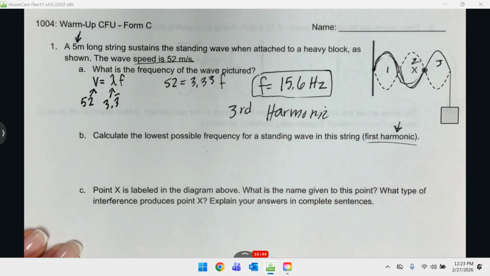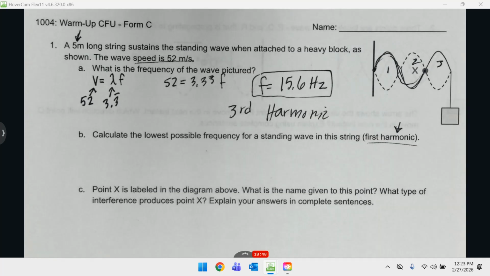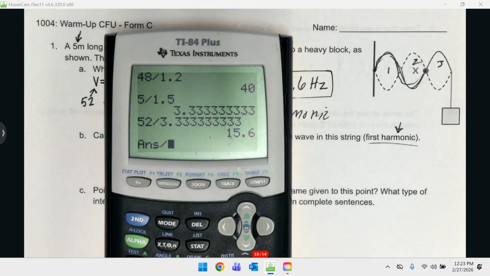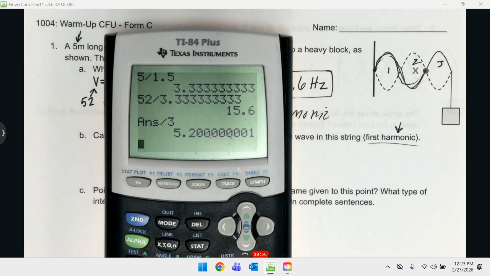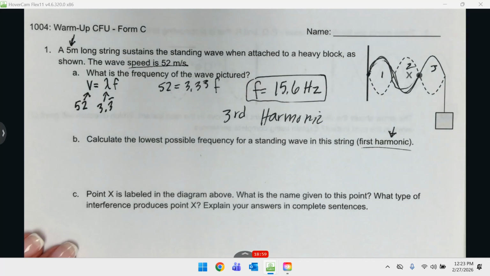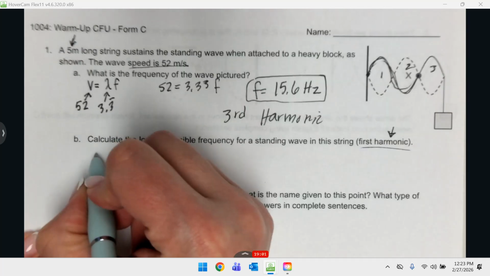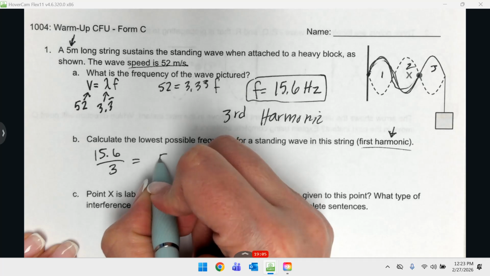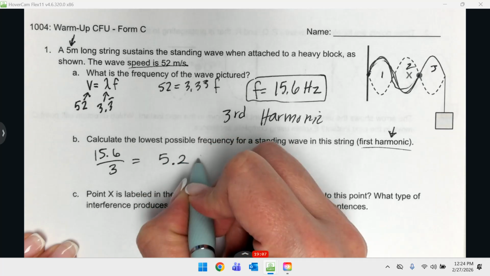This is the third harmonic. And so if the third harmonic has a frequency of 15.6, we can figure out the first harmonic because it will be 1/3 that much. So we're going to take our answer and divide it by 3. That is your first harmonic or fundamental frequency: 15.6 divided by 3, which is equal to 5.2 hertz.